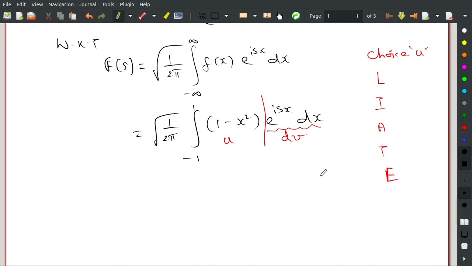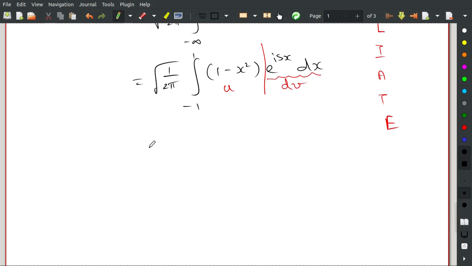Therefore, upon substituting into the integral u dv form, we have 1 by root 2 pi as our coefficient. We have u, dv is this one, uv. If we find v, we have to integrate this, so we have e power isx divided by is.